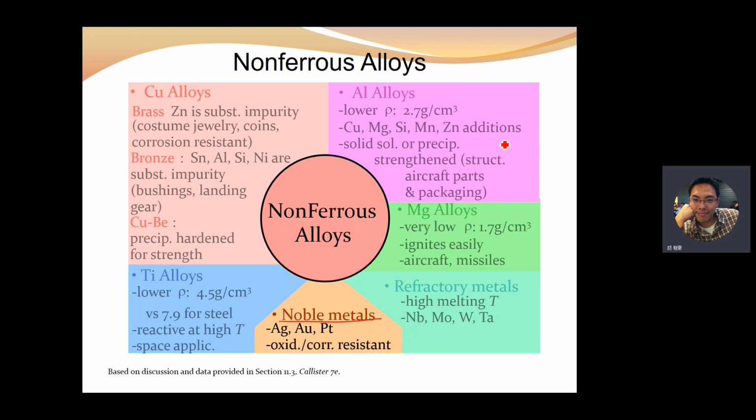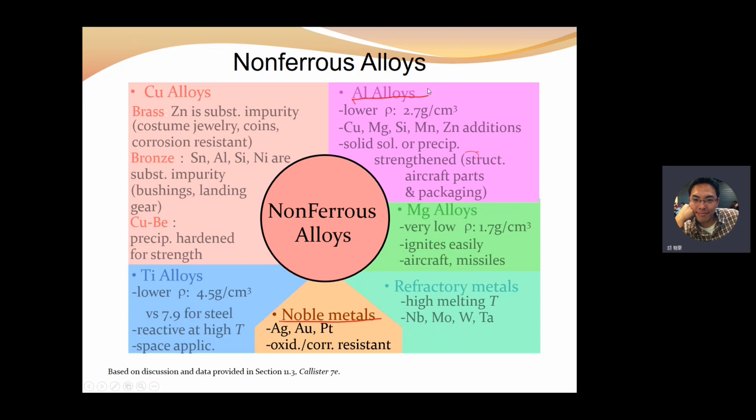For aluminum alloy, its density is about 2.7, lower than that of the titanium alloy, with alloying elements of copper, magnesium, silicon, and zinc, and so on. It is strengthened by solid solution or precipitation hardening, and can be used in structures, aircraft parts, packaging.